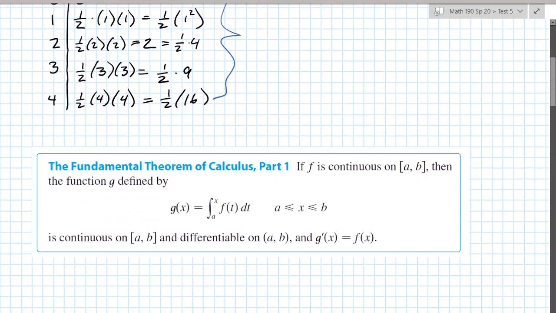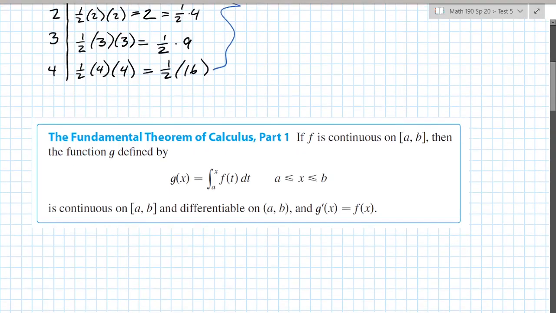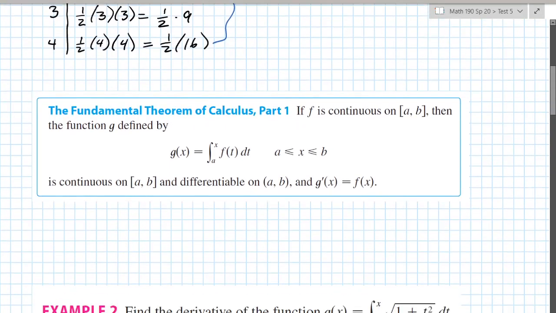Well, this brings us up to the first part of the fundamental theorem of calculus. We're getting closer, but we're not quite up to areas just yet.